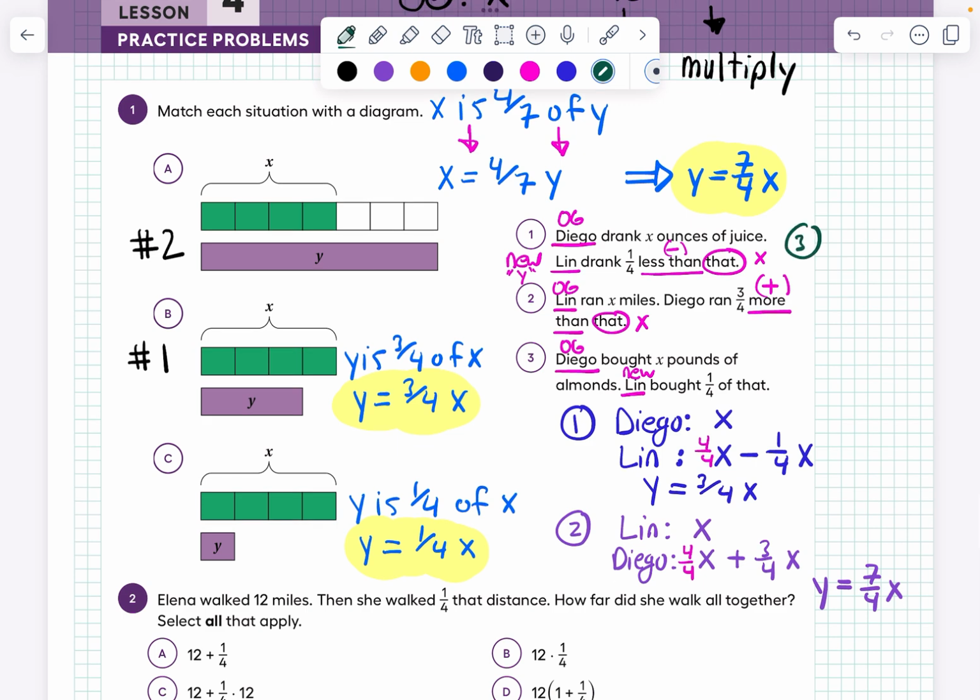So Diego is represented by X, and they said she bought 1/4 of that, 1/4 of X. So we would say Y equals 1/4 X. And that matches up to C.